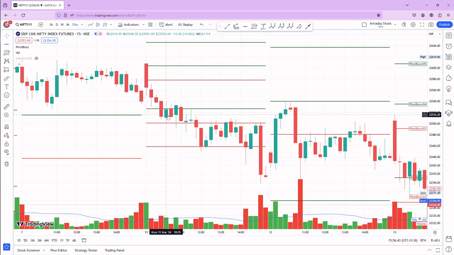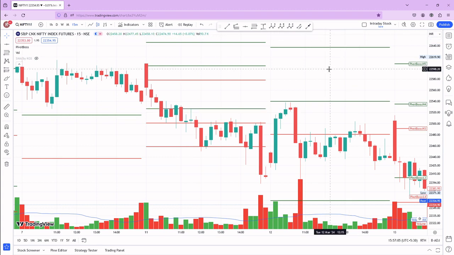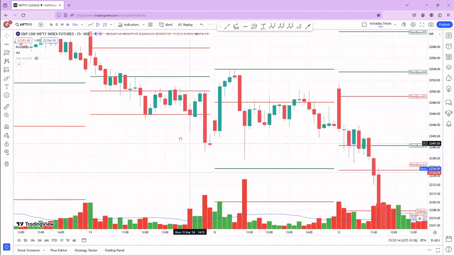So it is up to the experience on how you make the decision, because basically we have to respect the Camarilla layers, but if it is an inside value Camarilla relationship, you need to mainly focus on the previous day high and previous day low, and here it is the previous day low. At that point these 2 zones are there, which is also called the double pivot zone. So to me, 2 resistance, 2 support layers which have been broken convincingly by this candle, I would prefer going short, and that is what has happened over here.